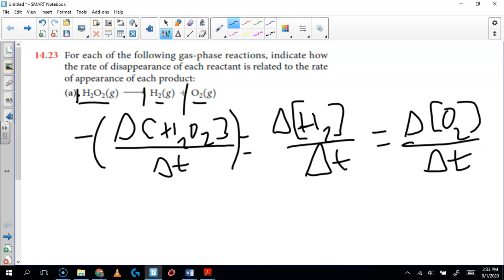So what we're doing is we're using the stoichiometry to come up with the new rate. And keep in mind that the rate is the change in concentration over the change in time.